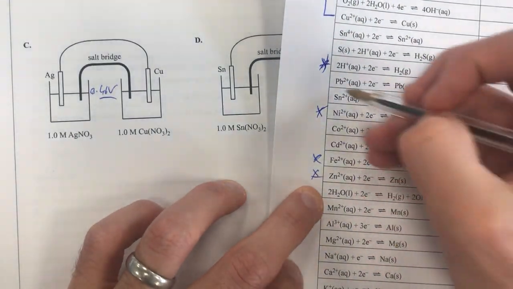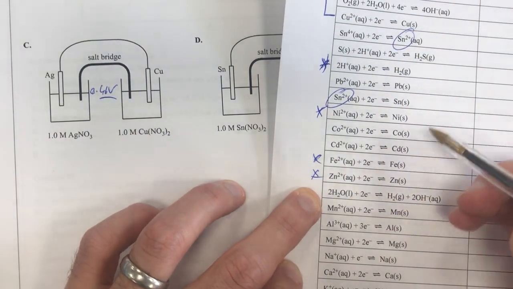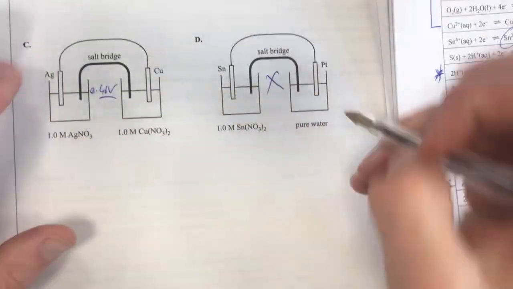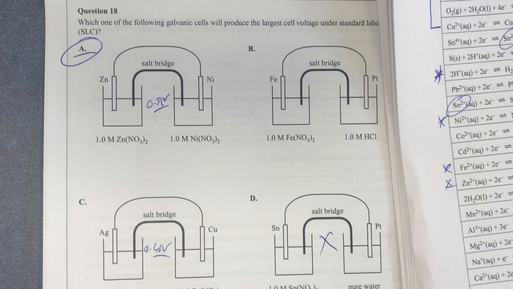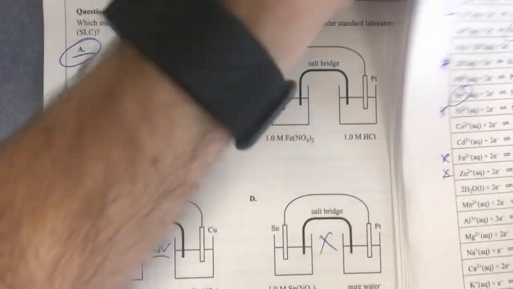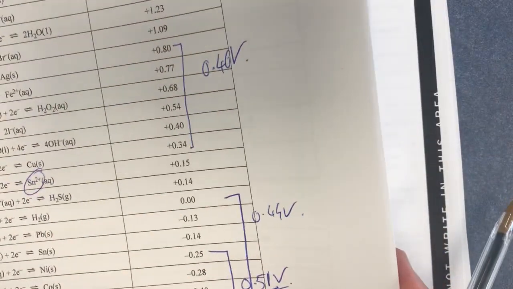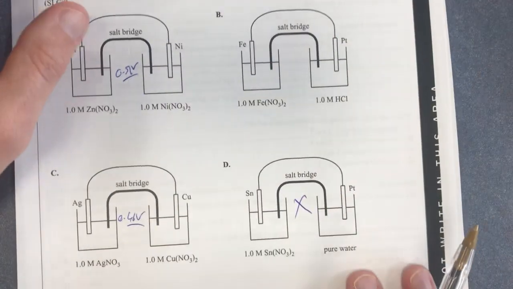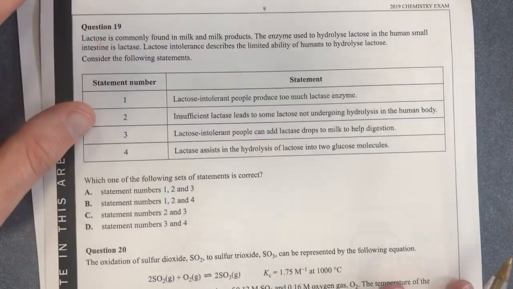Tin 2 is here and tin 2 is here. I'm not actually going to get a reaction there at all. So therefore, the answer has to be A, because that has to be the largest at 0.51 volts in that galvanic cell. Just by simply taking this, looking at the electrochemical series, working out your voltages, and then annotating as we go along.